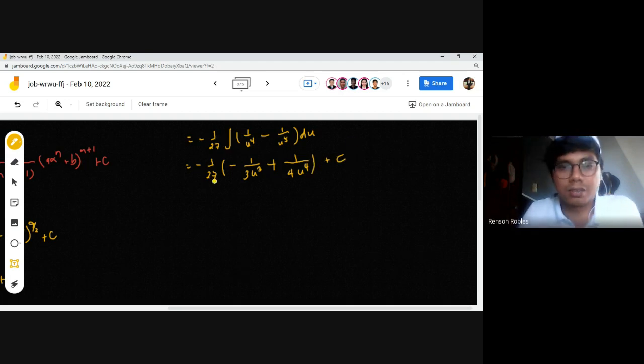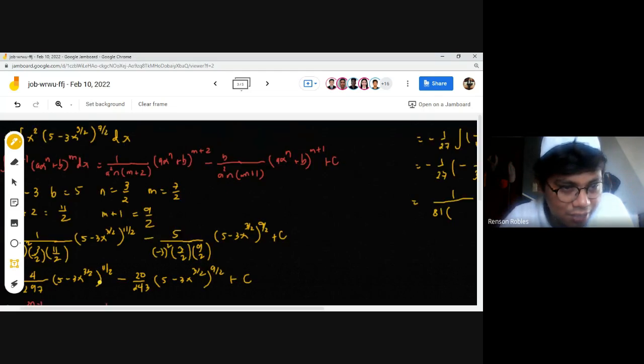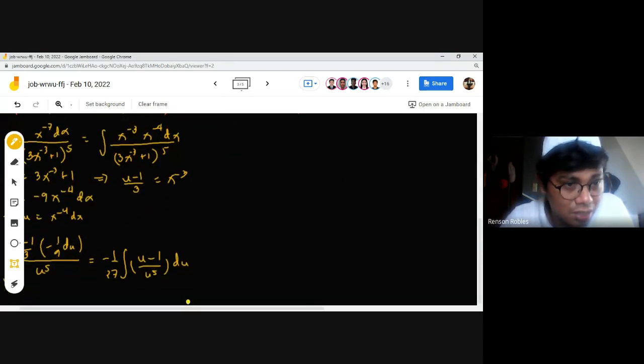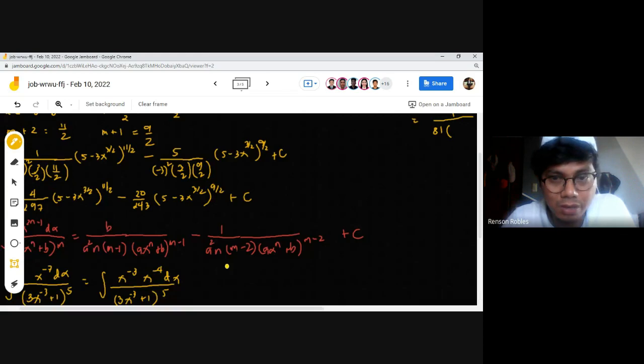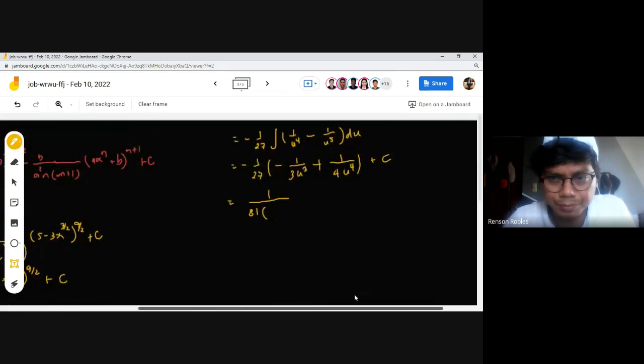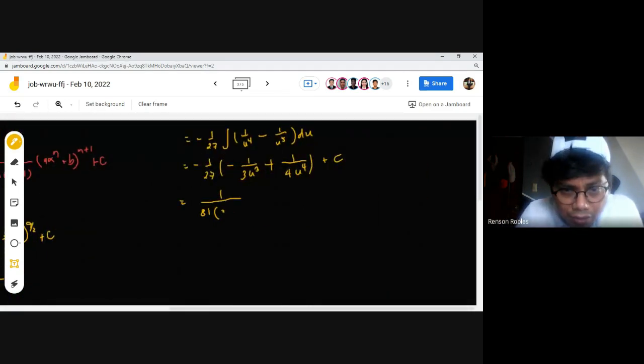All right, and then you can distribute the 27 into each term inside. So you'll have 1 all over negative, that would be positive, 27 times 3, that's 81, u cubed. Then you write it back to the original variable. What is that? That's 3x raised to negative 3 plus 1 raised to the 3rd power.